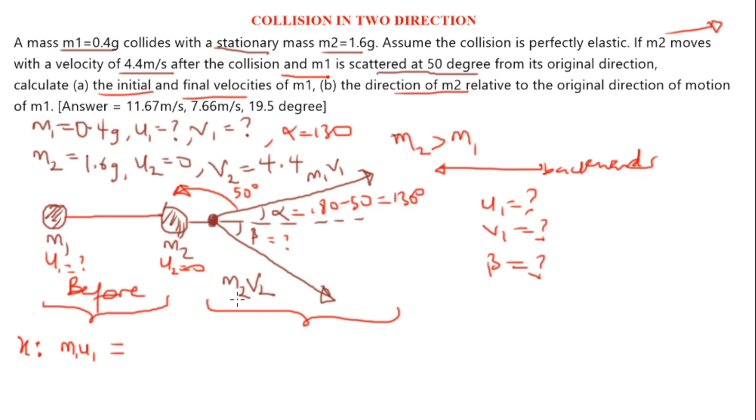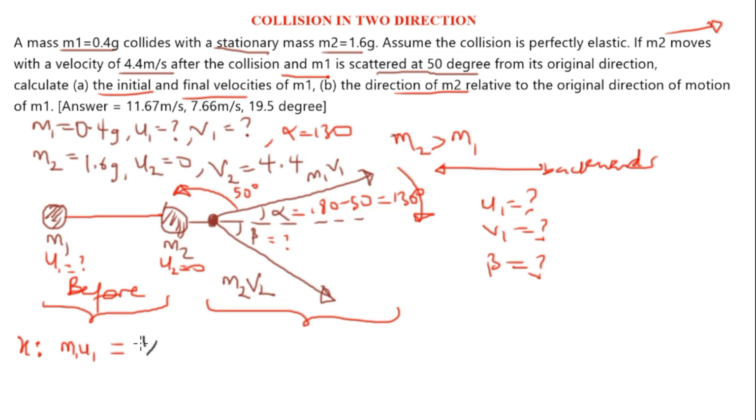I'll consider this place now. For the first body, I will need to resolve m1 v1 to the x-axis. Because there is an angle here, as in that video that I asked you to watch, you will understand what I mean.